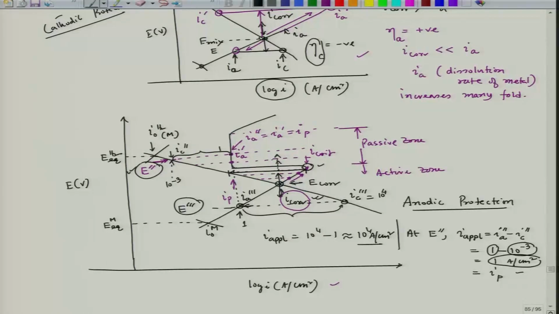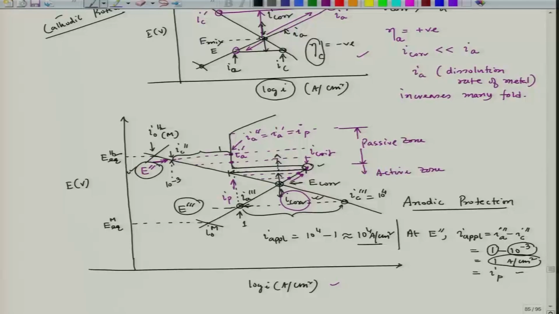So, this is the concept of anodic protection, as well as the comparison with cathodic protection. So, in case of active passive metal, it is always better to have anodic protection if of course we have a very cheap source of electricity.